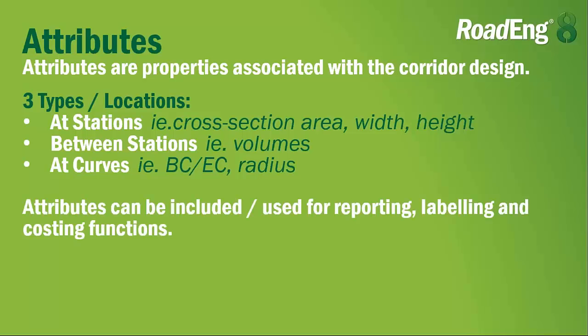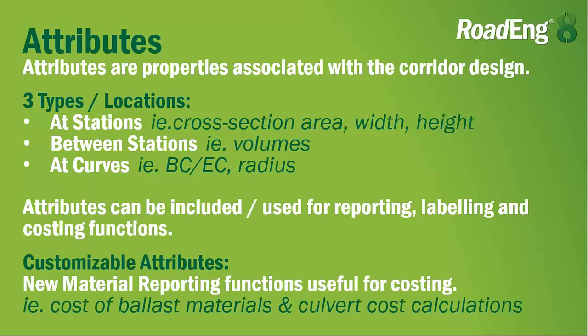In version 8, we've had some significant changes to the way we work with attributes. Up until now, attributes have been able to be used for reporting and labeling, and now moving forward, we've got a whole bunch of additional and expanded capabilities, in particular with regards to customizable attributes. So now we can have new material reporting functions that are really useful for costing.